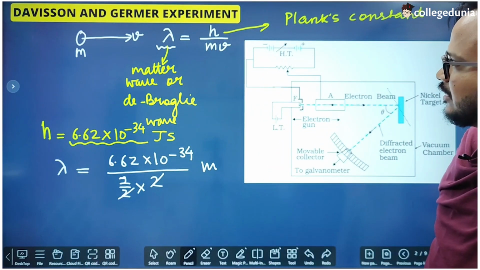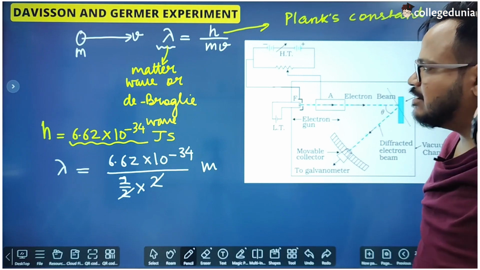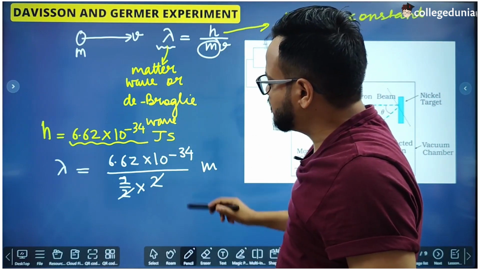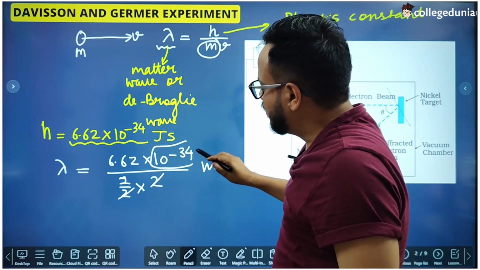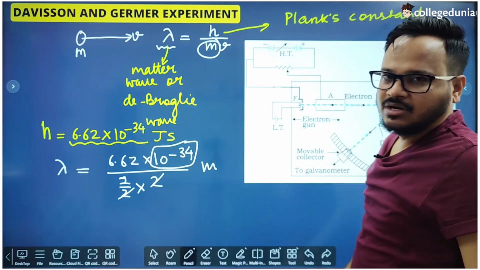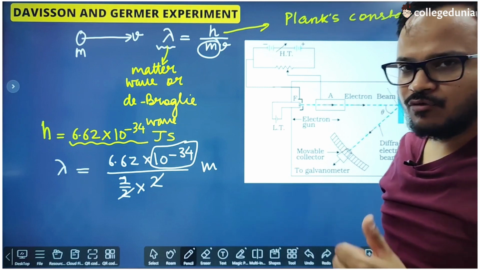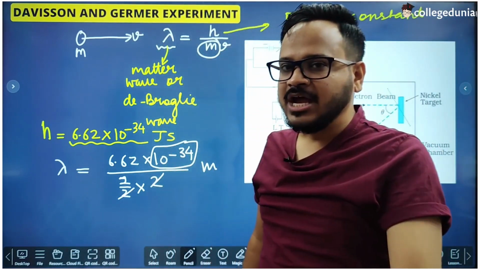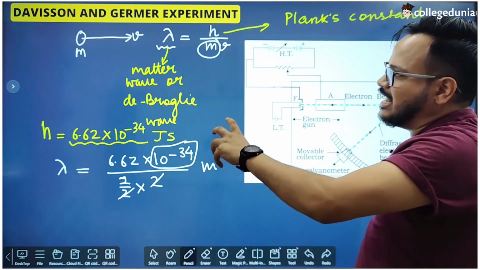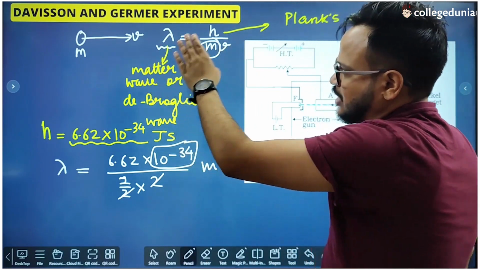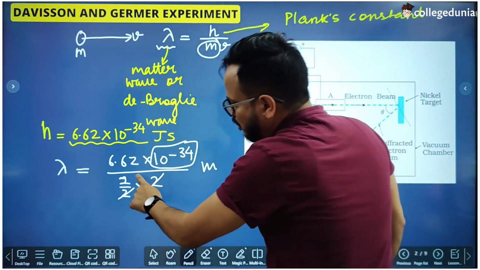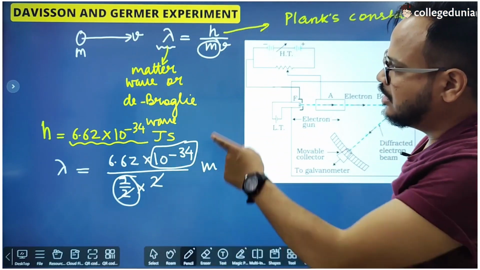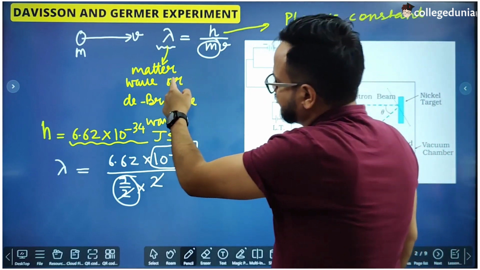The wavelength associated with a moving particle can be observed only when the mass of the particle is very small, which is able to cancel this term 10 raised to power minus 34. For example, the mass of electron is about 10 raised to power minus 31. So if we take an electron for observation and not the ball, then we will put 9.1 into 10 raised to power minus 31 instead of m.